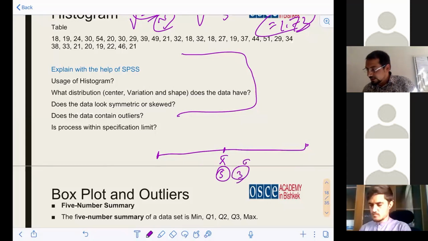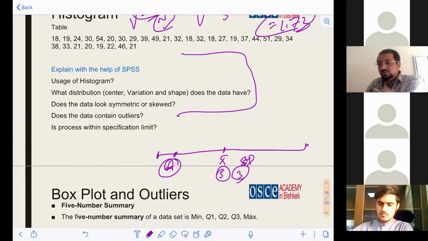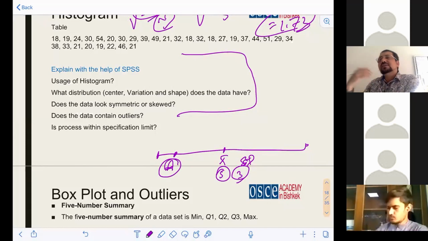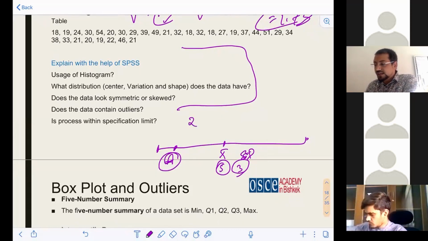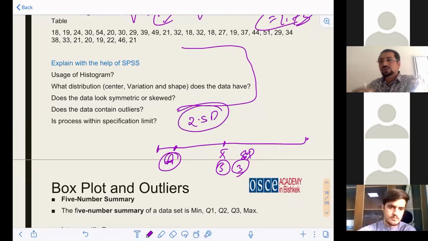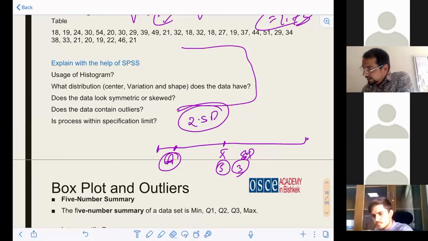If I want to know how far guy A is from the mean, you can tell me in standard deviations also. You can say this guy is 2 standard deviations far from the mean, or 3, or 5 standard deviations far from the mean. So 5 multiplied by standard deviation, and you can tell me the figure of how far you are from the mean. We will be learning this in detail in our next classes.